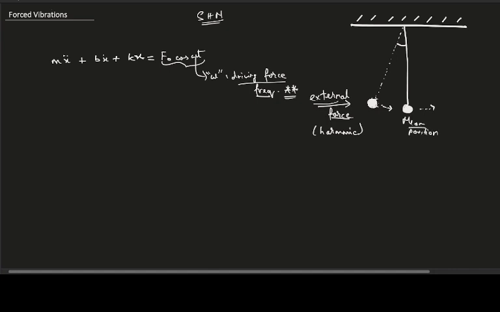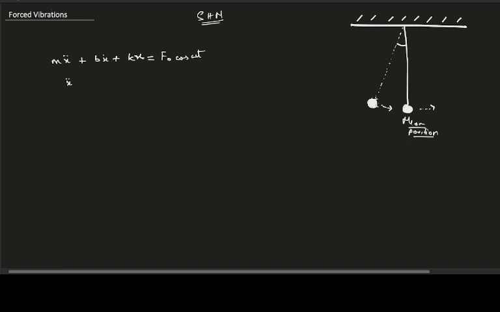Moving on with our solution, let's erase all these. First let's get rid of the masses, and we make this x double dot plus 2 gamma x dot. We all know why the 2 gamma.